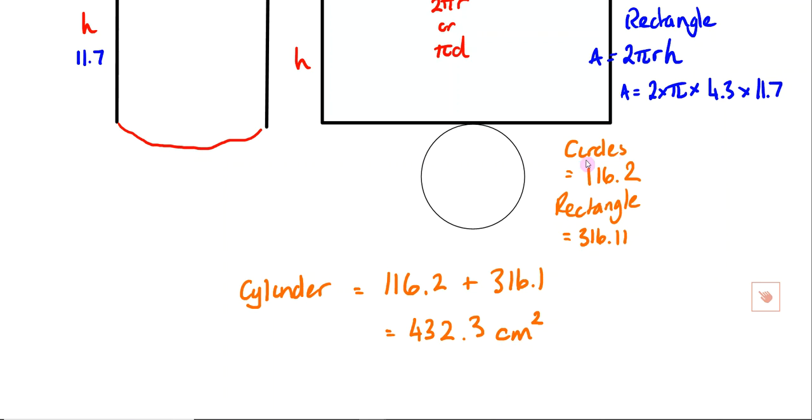Well, that's what we did. I just didn't work it out separately. That is the circumference, and that's the height next to it. Circumference times height: 2 pi r times the height. So you did the same thing, you just did it in separate stages.